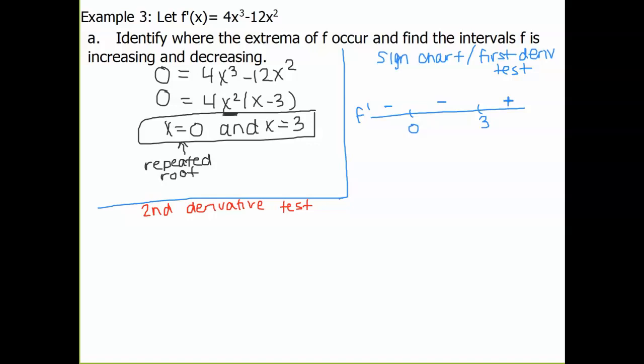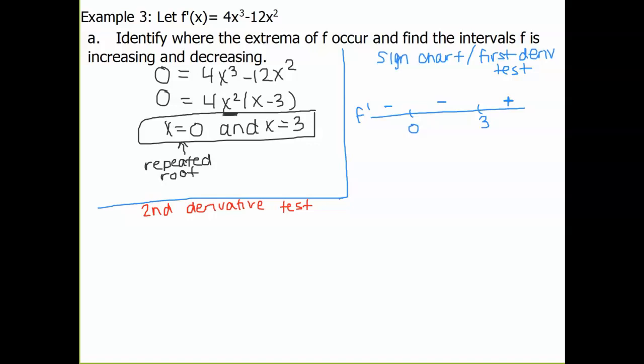So that 0 is like that blip on our graph. It's like the H graph where it hit F, but it didn't cross F. So this graph is going to be decreasing from negative infinity to 0 and 0 to 3.